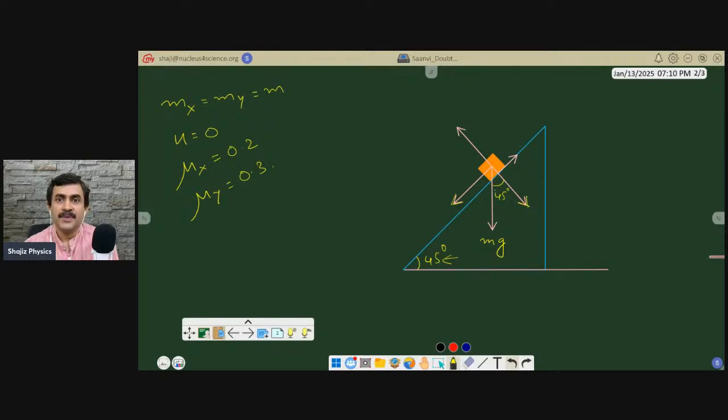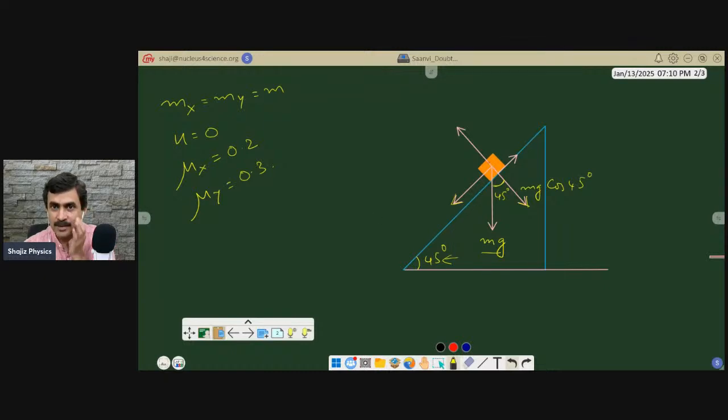Since this angle is 45 degrees, the component near the 45-degree angle is mg cos 45. I am doing this by following the principles of resolution of a vector into its rectangular components.